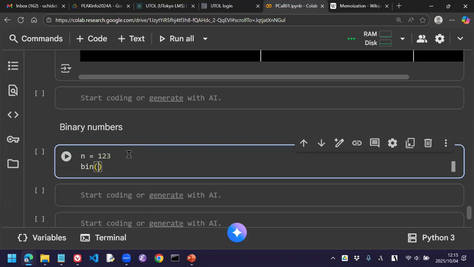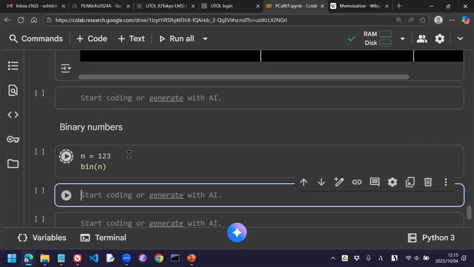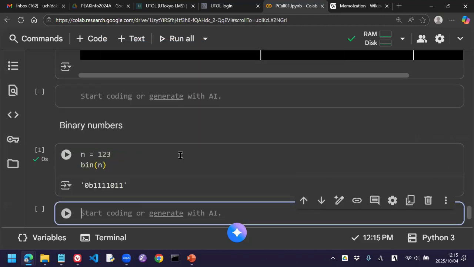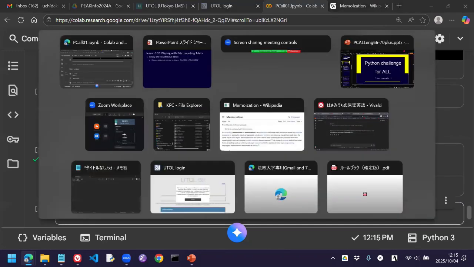And if you write bin(n), what you get is: the first 2 letters, 0b, mean that this is a binary string, and 1111011 is the binary representation of 123. Good.